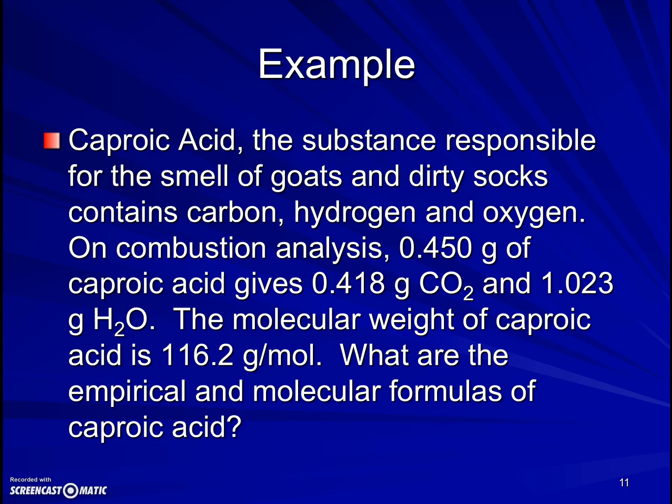And then if we know the molar mass of caproic acid, we can figure out the molecular formula. For example, if we get a quarter of this number as the molar mass of our empirical formula, then we'll quadruple that to get the actual molecular formula. So these are all problems that we're going to work together.